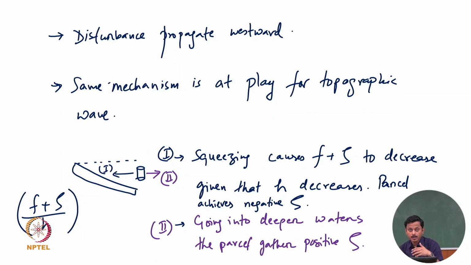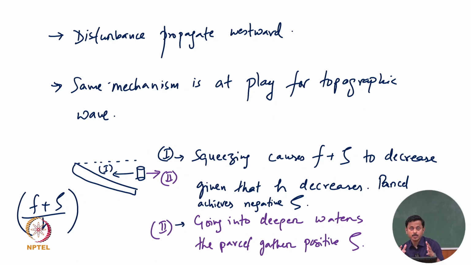This is exactly what is happening in situation 1 and situation 2: these gather two opposite relative vorticities, and this is causing the waves to propagate. This is exactly the same mechanism as with the Rossby waves.